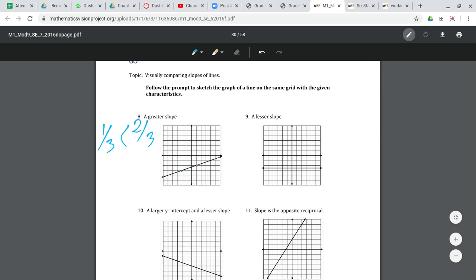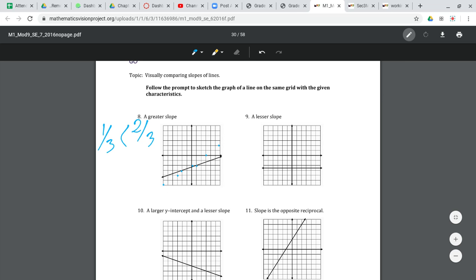So what that means is we'll just start graphing this out. It doesn't matter where we choose to start from, so I'm going to start right here, and then I'm going to go up 1, 2, and over 1, 2, 3, up 1, 2, over 1, 2, 3, down 1, 2, over 1, 2, 3, down 1, 2, over 1, 2, 3.